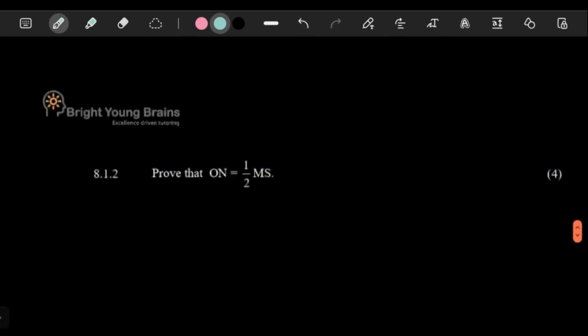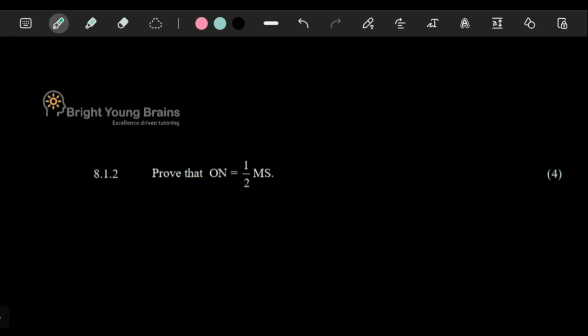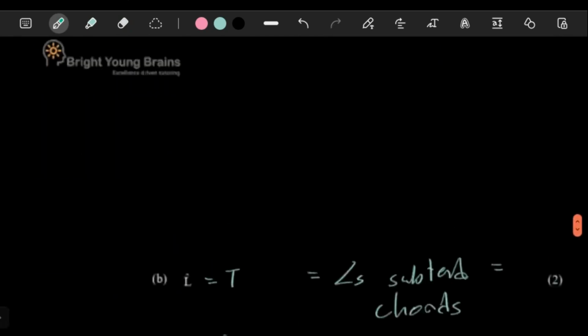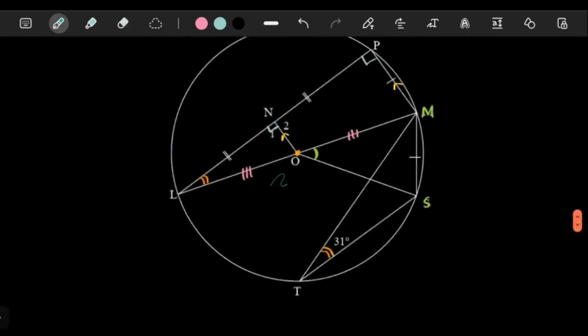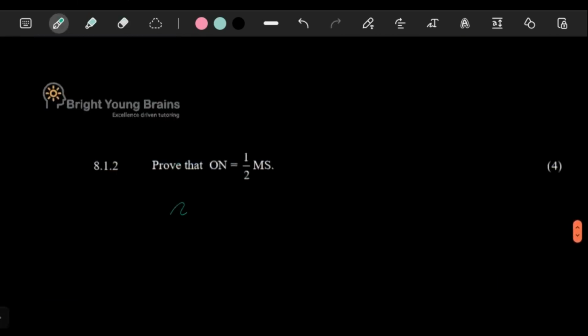Now, with 8.1.2, that's a 4-mark question. It says, prove that ON is half of MS. You see, that's not going to be difficult now. Because remember, first we have to tell them that OL is equal to OM, as we said. We have to tell them that they're equal because they are radii.